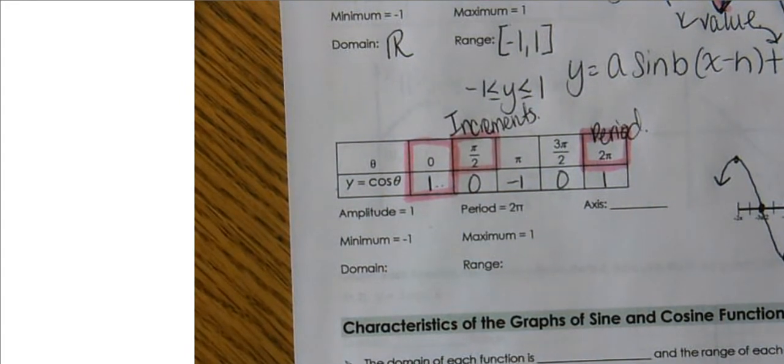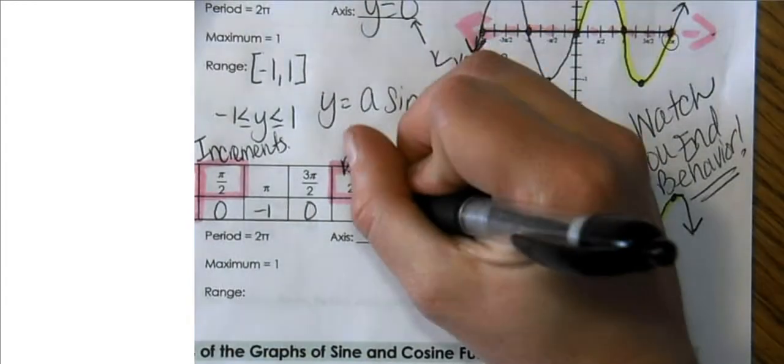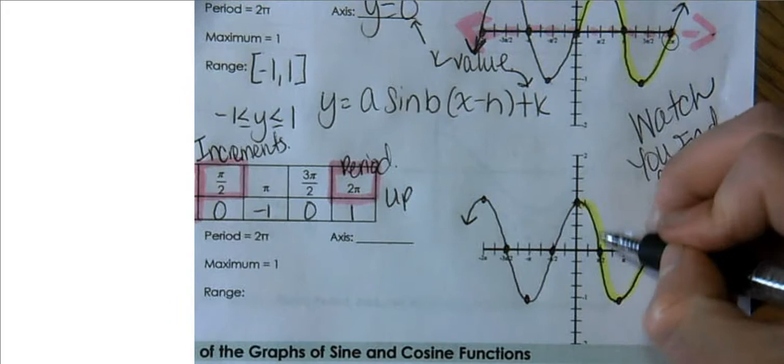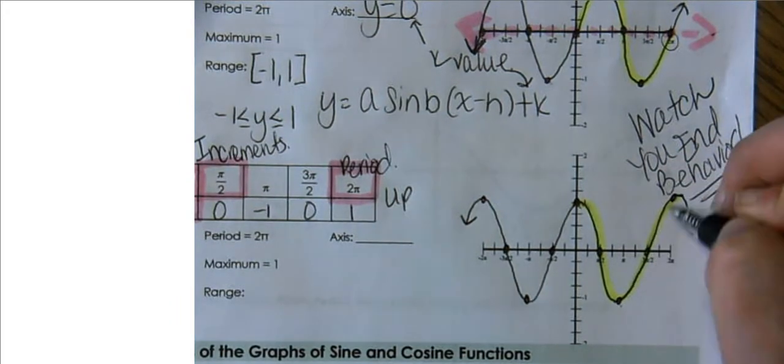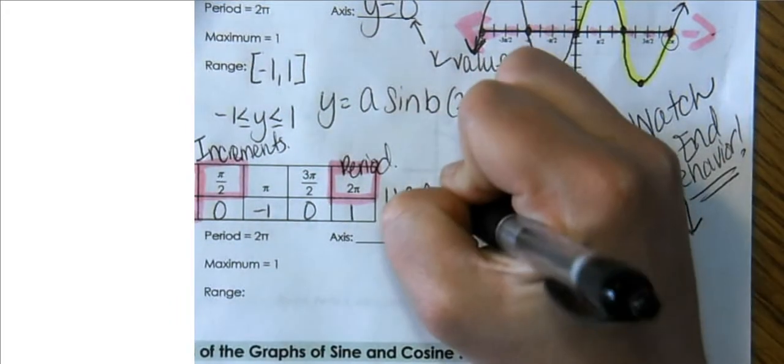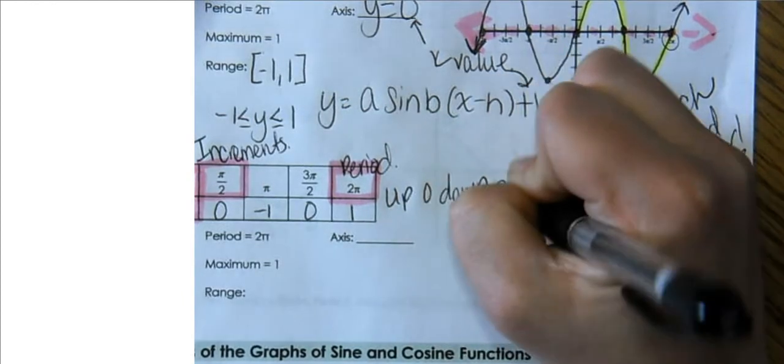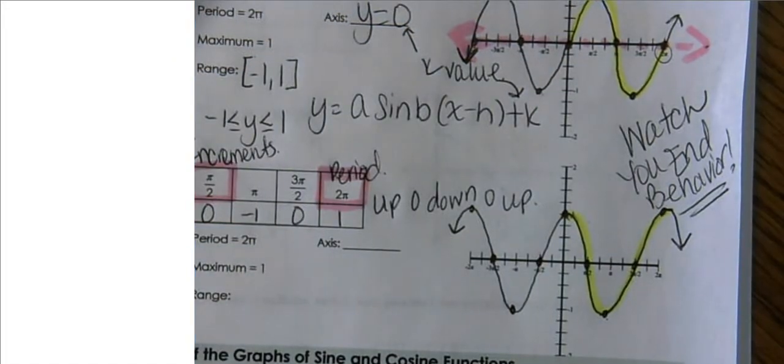The cosine function is different than a sine function in terms of its pattern. Sine was 0, up, 0, down, 0, but cosine starts up. It goes through the pattern of up, 0, down, 0, up. And that's the pattern that you will follow. Up, 0, down, 0, up.